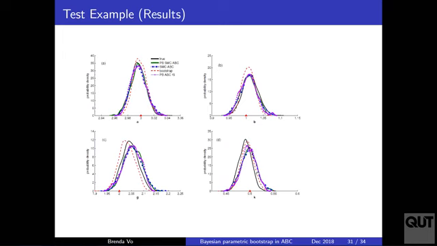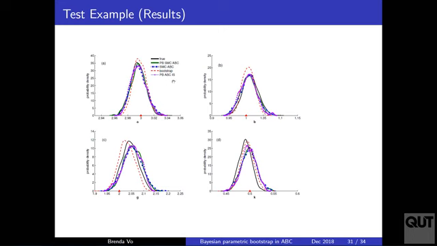And the result is here, where the black line is the true posterior distribution. The red dash is the Bayesian parametric bootstrap, and you see that it's very close to the posterior in some cases. The bootstrap requires a much smaller number of simulations, and we get a result very close to the posterior, so that's what we want.